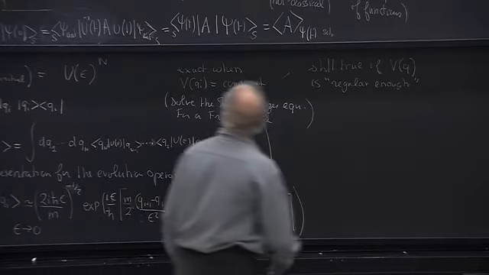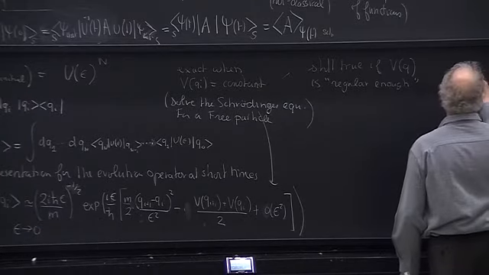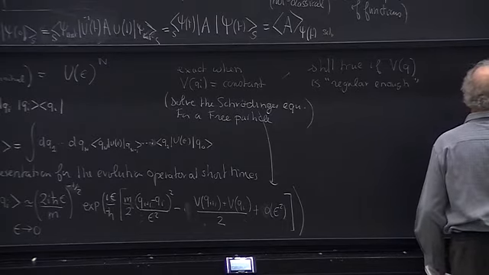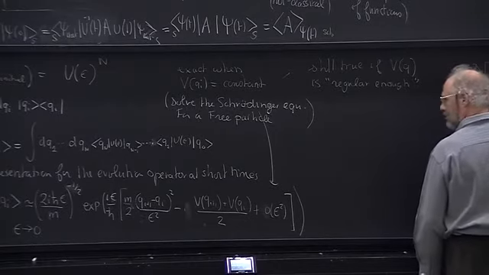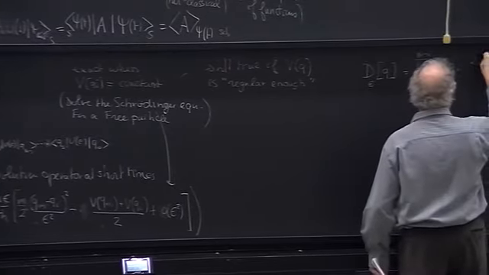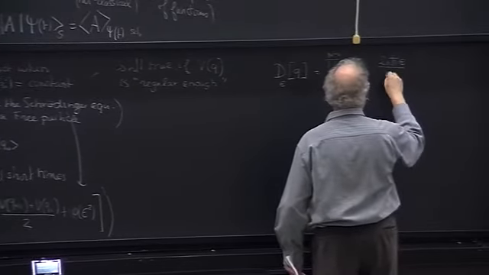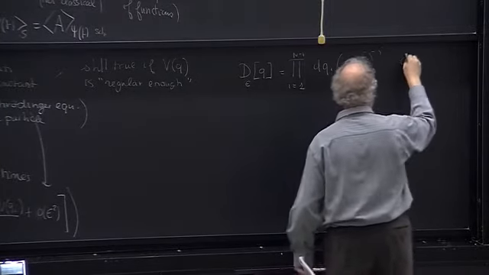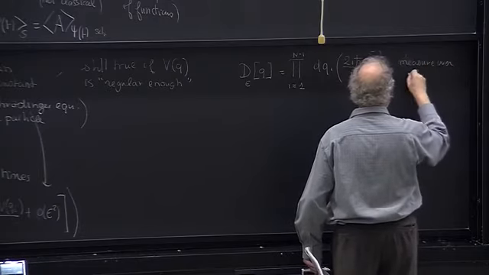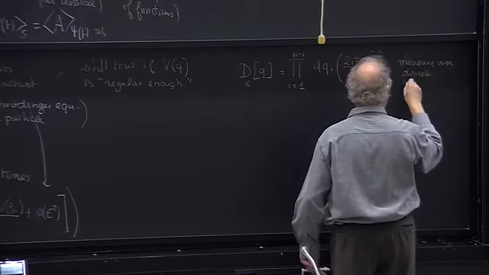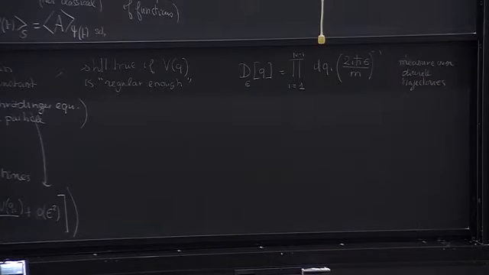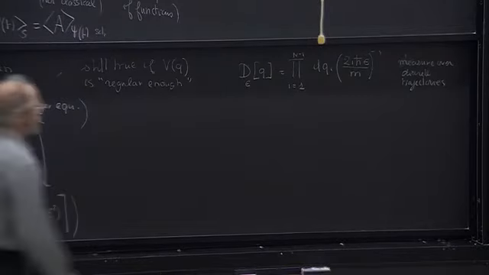So basically, you can define a measure which is just a product from i equals 1 to n minus 1 of dq_i with a factor which is complex, (i h-bar epsilon divided by m) to the power minus 1, which is a measure over discrete trajectories. That's a product of all these terms. So this is a measure over discrete trajectories.